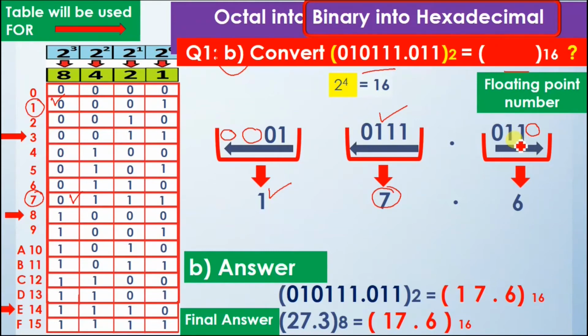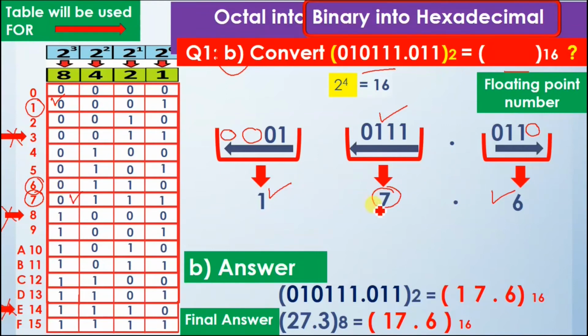And in the last one, we have 0, 1, 1, 0. If we look at 0, 1, 1, 0 in the table, it is equal to 6. So we write 6 here. Now there are some errors on the slide, please don't consider them. Just consider what I am writing with my pen.